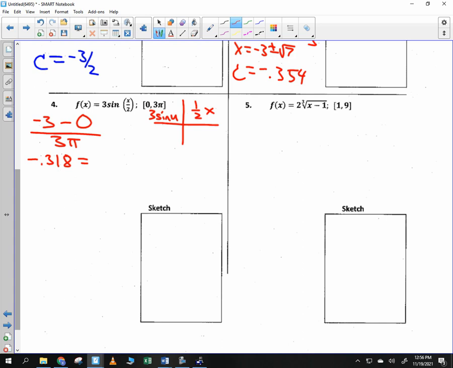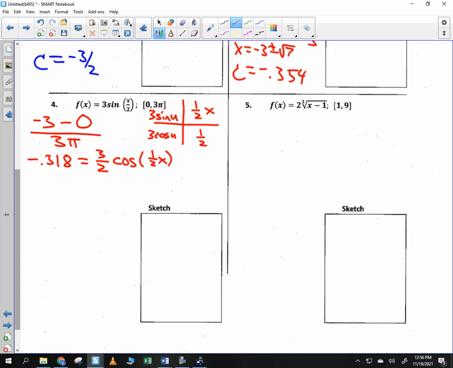What is the derivative of 1/2 x? And what's the derivative of 3 sine of u? 3 cosine of u. Remember that used to be complicated. Now you guys are easy. That's because you're really smart. I multiply these, I get 3 halves times the cosine of 1 over 2x.